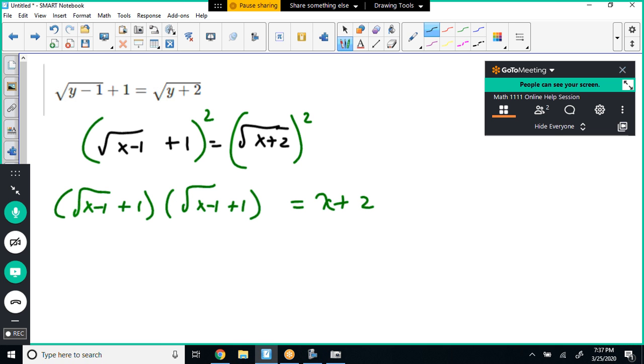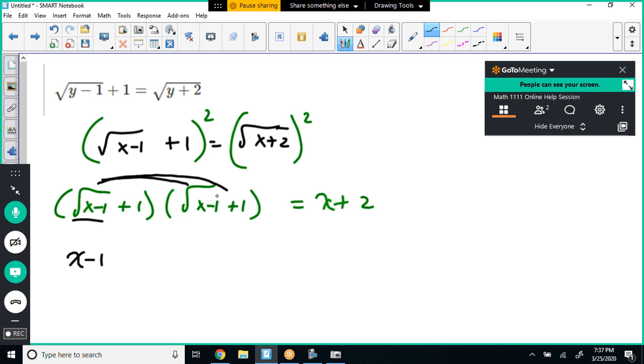So the right-hand side is just going to hang out for a little bit. So watch what I'm doing here. This first term is going to be multiplied times everything over here in the second parentheses, right? So the square root of x minus 1 times the square root of x minus 1, well, that's the same thing times itself, which is really squaring it, right? So what you get is just x minus 1 when you do that.